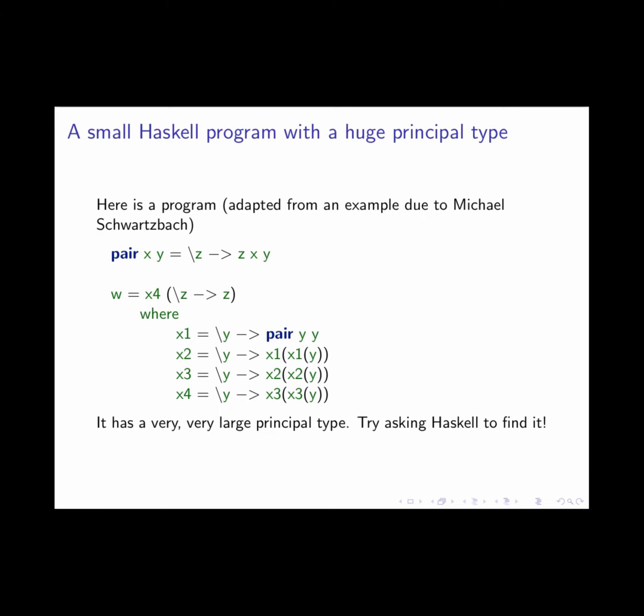We need not know exactly what this program does, but what we do know is that if we try to find the type using the Haskell system, we will get a type, but it is huge. And why don't you try asking Haskell to find the type?